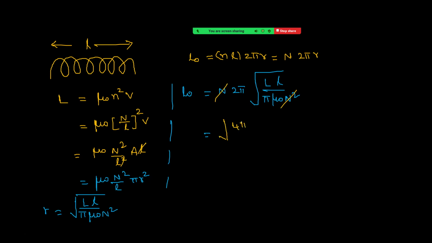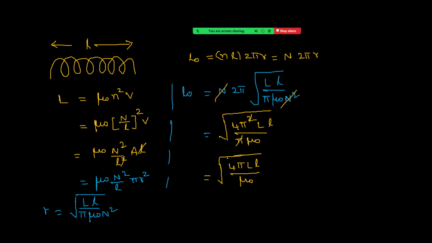It becomes 4 pi square L, L, pi mu naught. Okay. Right. Now see what we get. One pi gets cancelled here. Remaining is now under root of 4 pi L, self-inductance, and L length of the solenoid, upon mu naught.